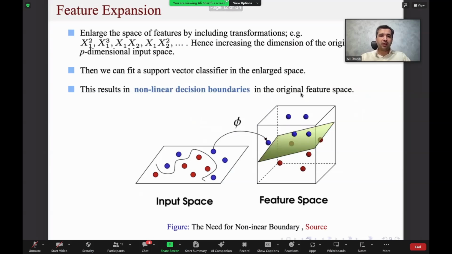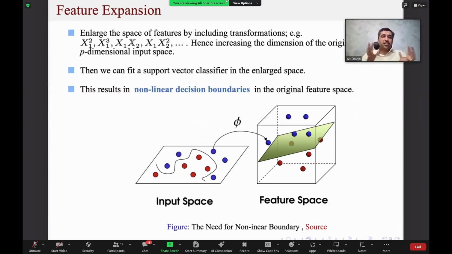And here we can do feature engineering, for example, add new features. If our original features are X1 and X2, meaning the X and Y of the points, we could add, for example, X1 to the power of 2, to the power of 3, or X1 times X2, and this is called feature engineering.